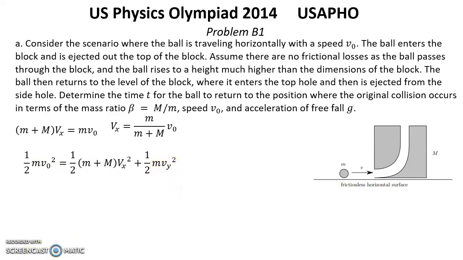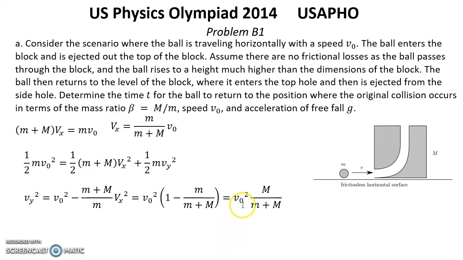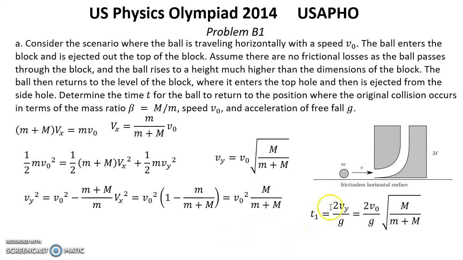That will be V0 squared multiplied by big M over small m plus big M. And now we can find the time to fly for the ball. That will be t1 equal 2Vy over g.